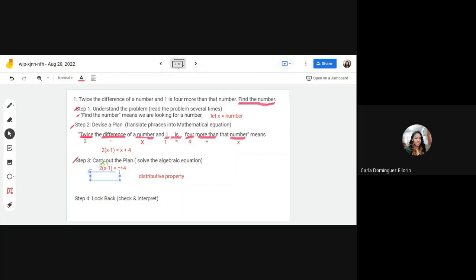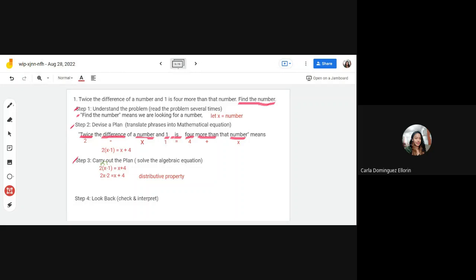So 2 times x, that is 2x. And then 2 times negative 1. Positive times negative would be negative. Then 2 times 1, that is 2. So we have 2x minus 2. And then, we just copy equals x plus 4. After that, what's the next step?